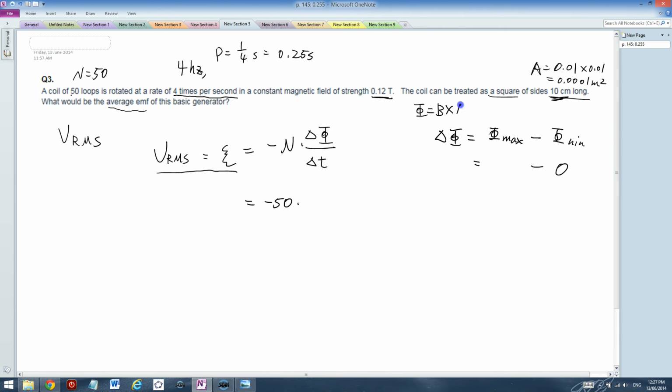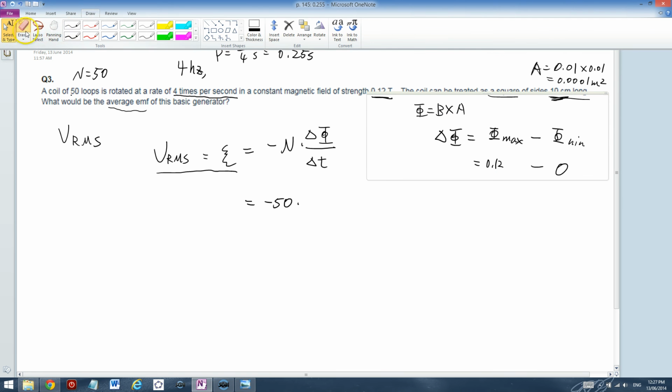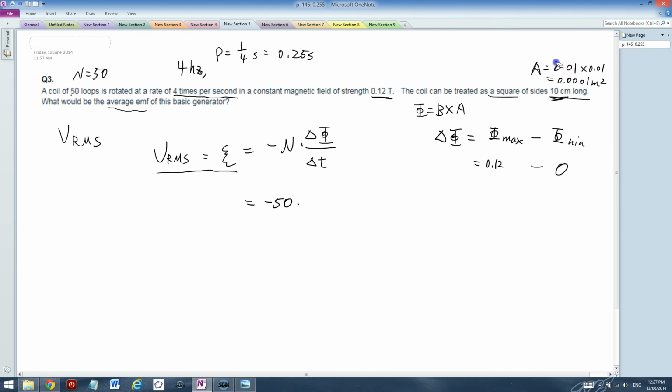B times the maximum area. Okay guys, sorry, I think I made a mistake with the area.